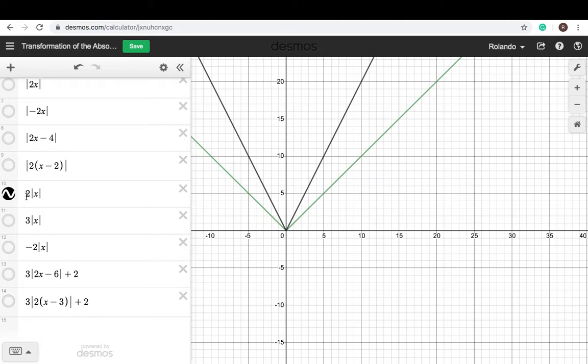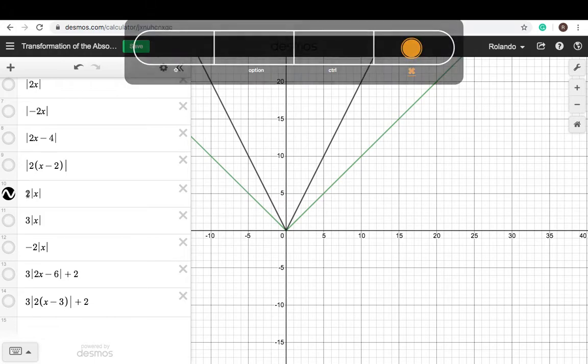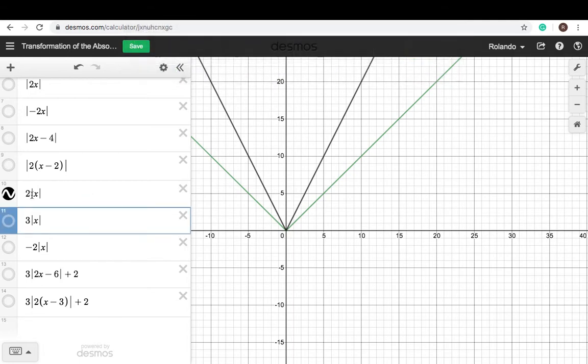Multiplying the entire absolute value expression by a constant results in a vertical stretch or shrink. If the number is greater than 1, the result is a vertical stretch. If the number is between 0 and 1, it will flatten the graph.